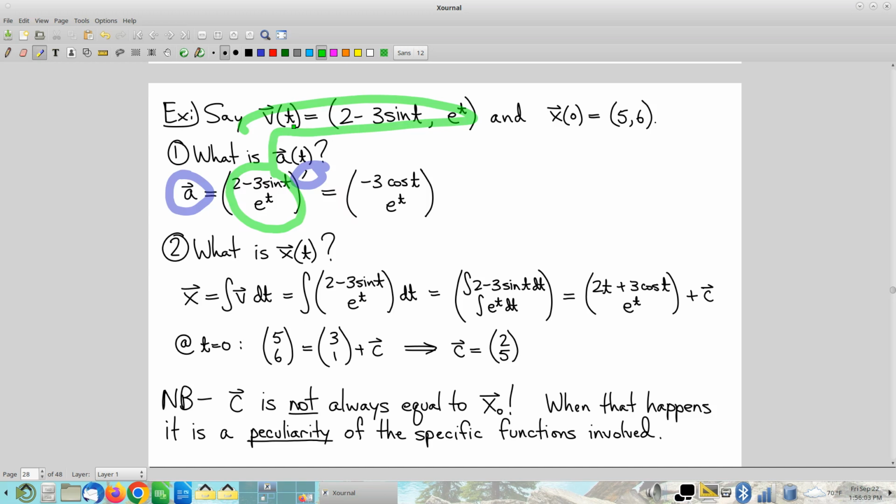Flashbacks to single variable calculus, taking derivatives of functions. Okay. Where it gets interesting is going backwards to figure out what is position. So keep in mind, we were given velocity, we want position. Okay, well, we know velocity is the derivative of position.